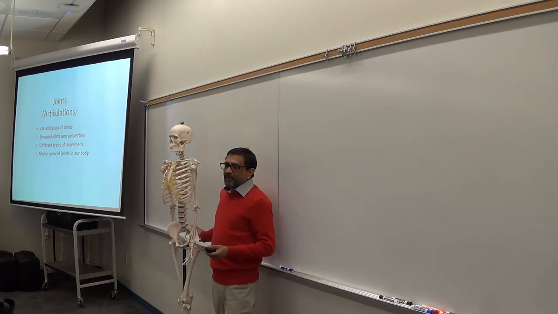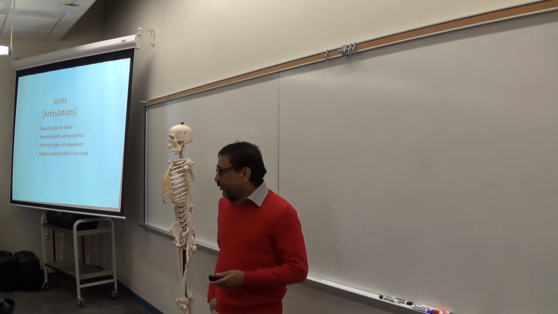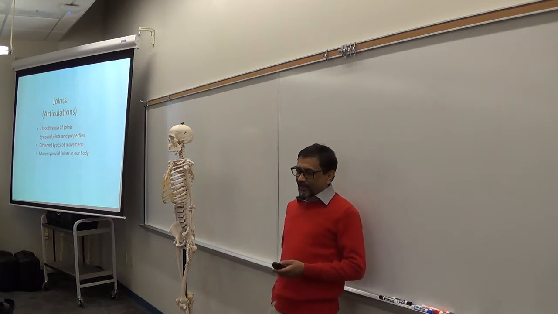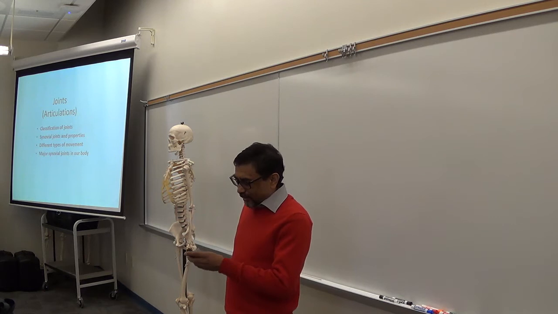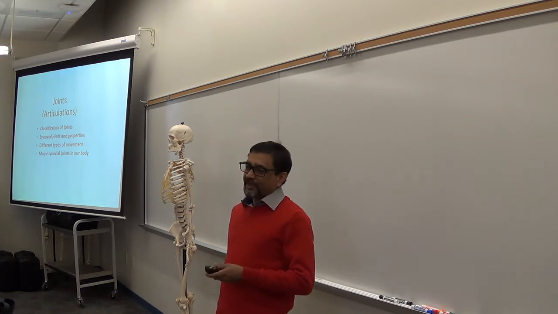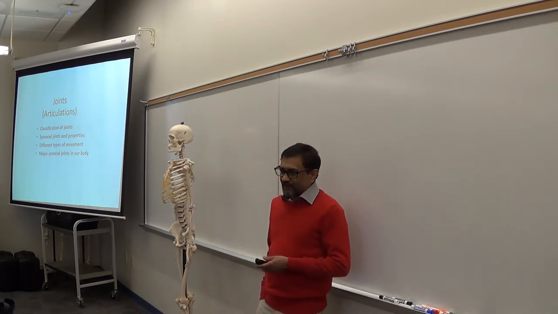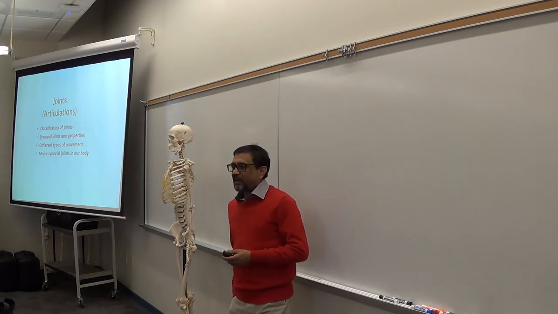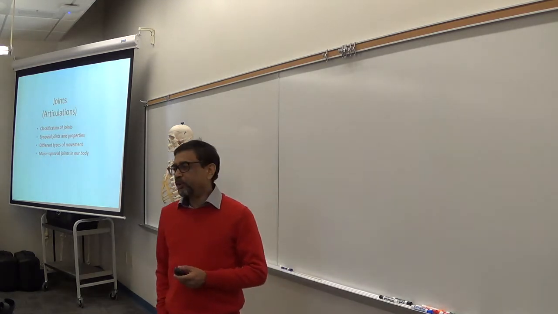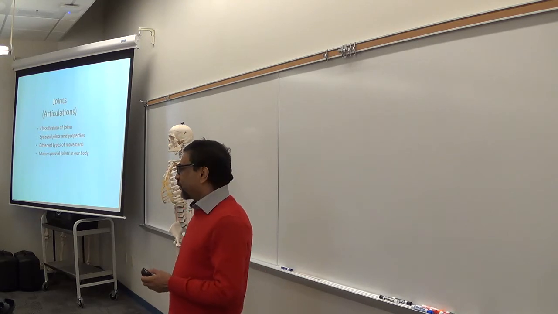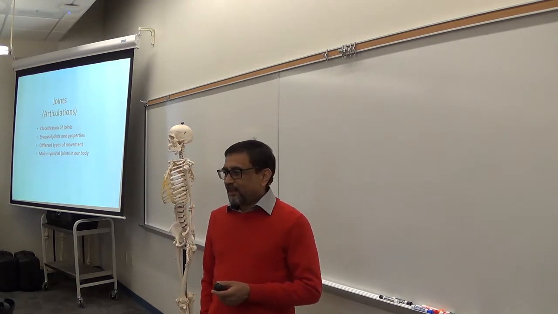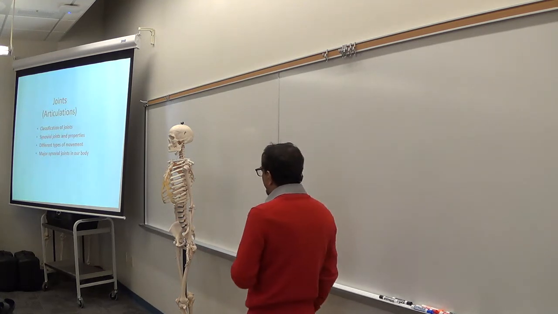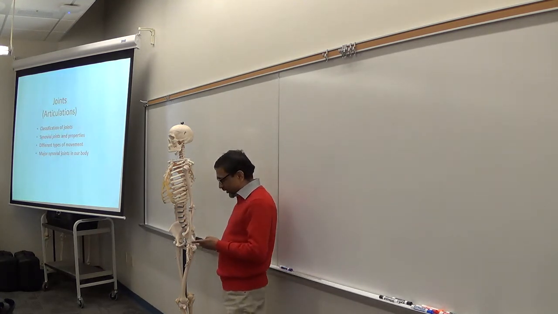Okay, everybody. So today we'll talk about the joints. First, we'll know what a joint is. Then we'll talk about the classification of joints. There are many different types of joints present in the skeleton, and we'll see how we classify them.